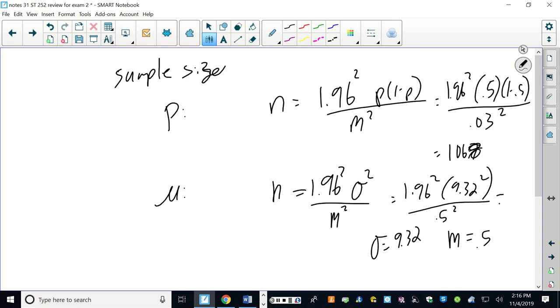This is going to be somewhere around 100, I don't know exactly. It'd be less than 100, something like 95. No, it's going to be more like 90, sorry. The 1.96 is almost 2, so these almost cancel, right? And 9 squared is 81. So it's going to be maybe not 90, 84, something like that.